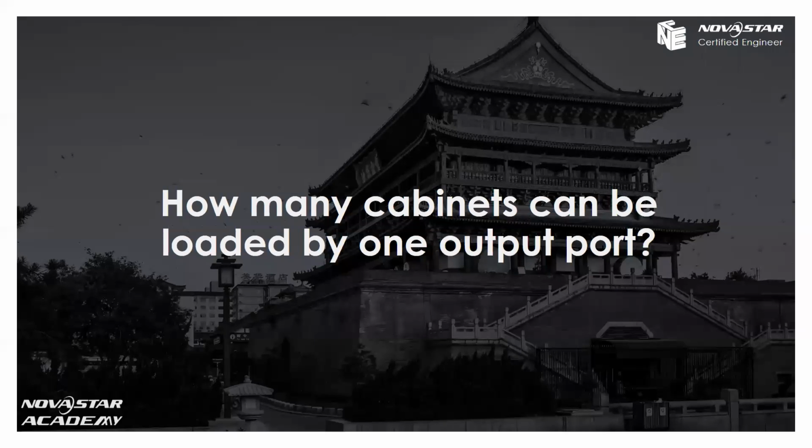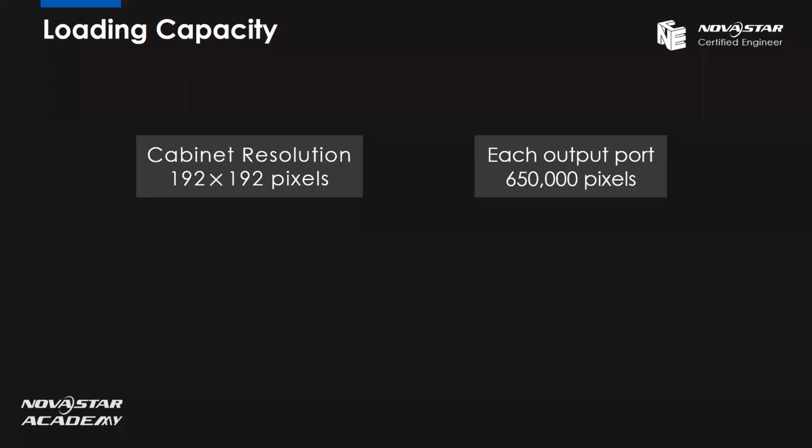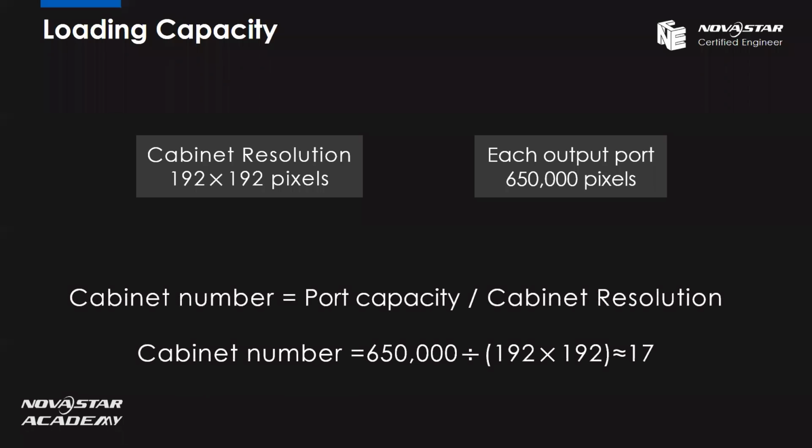Then after we know how to get the pixel resolutions, how many cabinets can be loaded by one output port? Let's see another example. Here the cabinet resolution is 192 by 192, and we know for each output port, the loading capacity is 650,000 pixels.